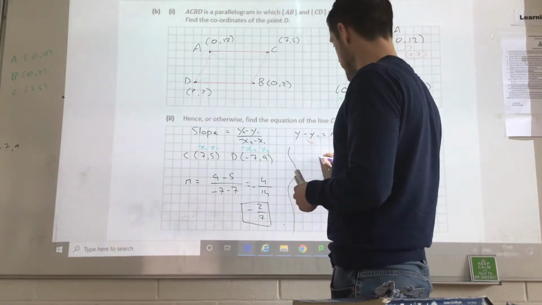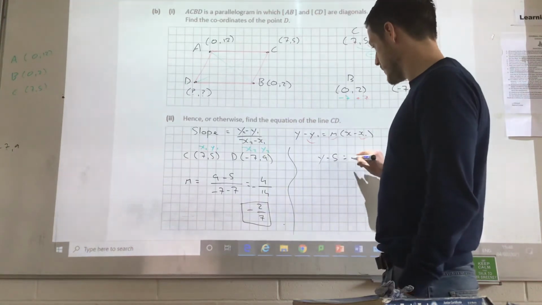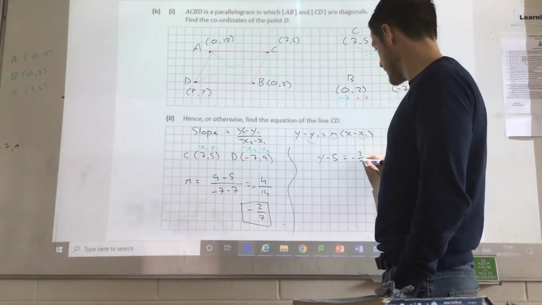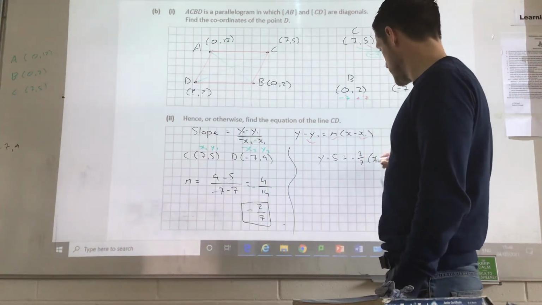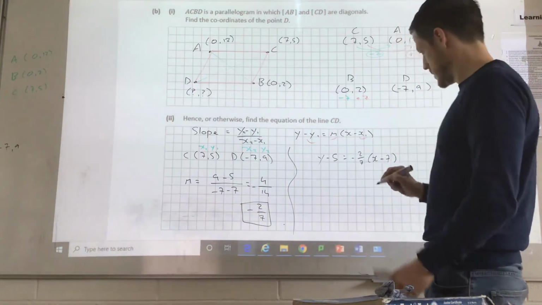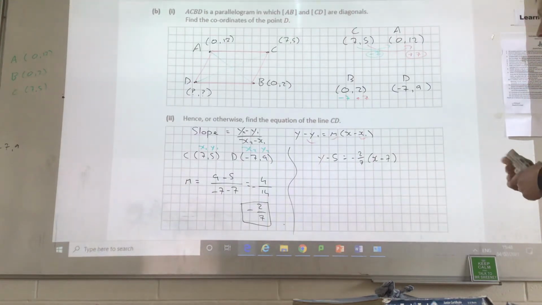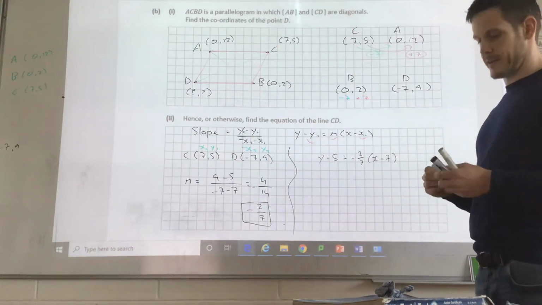So let's fill it in. I do y minus y1, which in this case is 5, is equal to minus 2 over 7 on x minus x1, which in this case is 7. Here's the little trick of it. When it comes to multiplying out a fraction, what I do is I take the denominator. The denominator for this is 7.